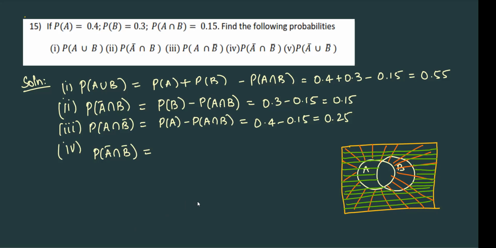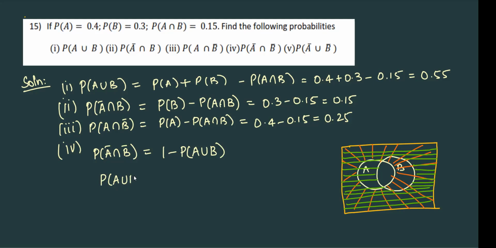So intersection of these two means intersection of the orange lines and the green lines. If you observe carefully, the intersection is nothing but 1 minus A union B. So actually, this is a very important result.